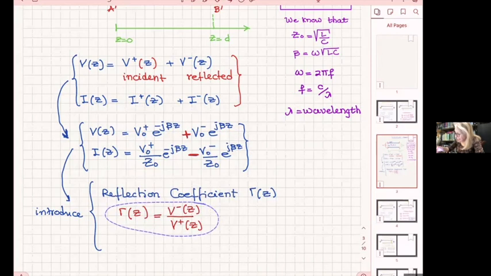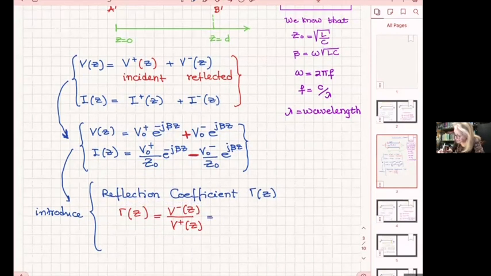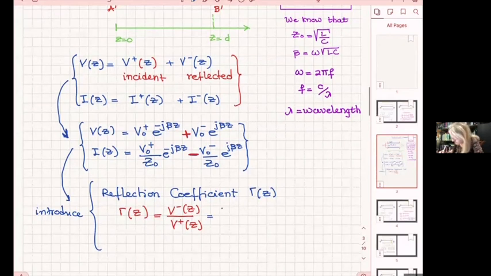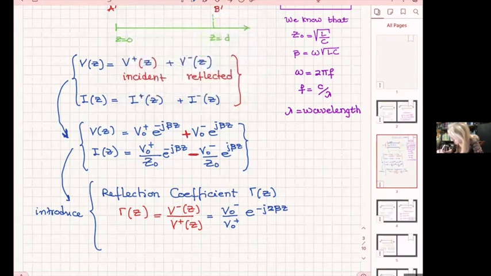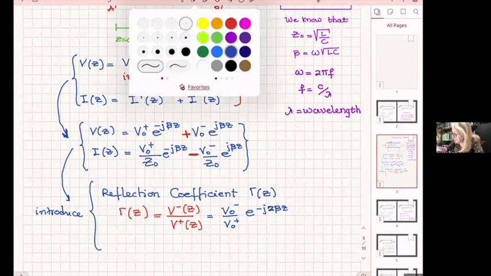All right? And because of the previous formulas for V of Z, the incident and reflected, I can write here that this is V naught minus over V naught plus e to the minus j 2 beta Z. Remember the 2 component here. I will put it in red.